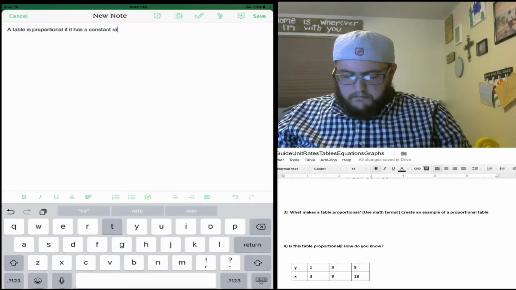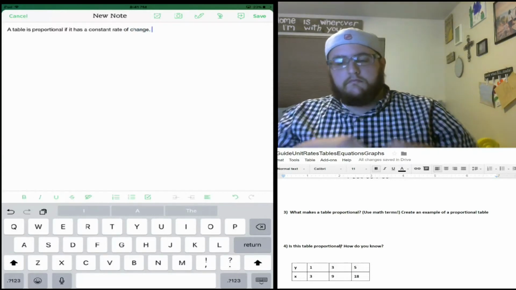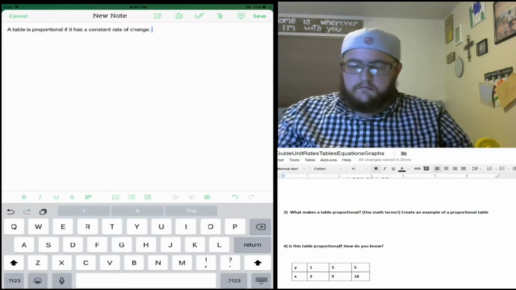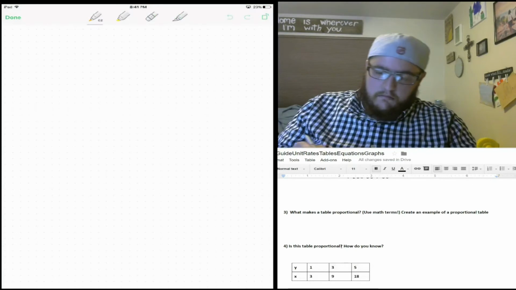A table is proportional if it has a constant rate of change. And that's pretty much a satisfactory answer. As long as the table has a constant rate of change, it is in fact proportional.